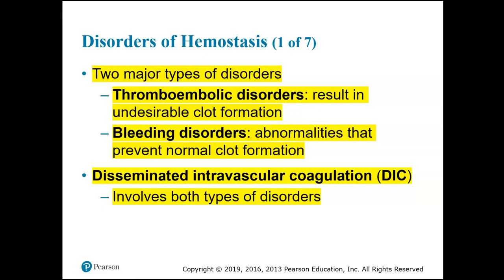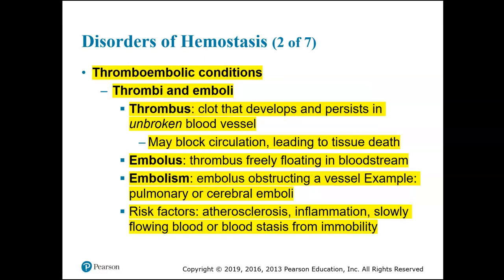So if any of these clots travel to the heart, the lungs, or the brain, you can have death. Bleeding disorders are abnormalities that prevent normal clot formation. So we have clots forming when we don't want them to form, or the preventing of clot formation, like within hemophilia. And then disseminated intravascular coagulation involves both types of disorders.